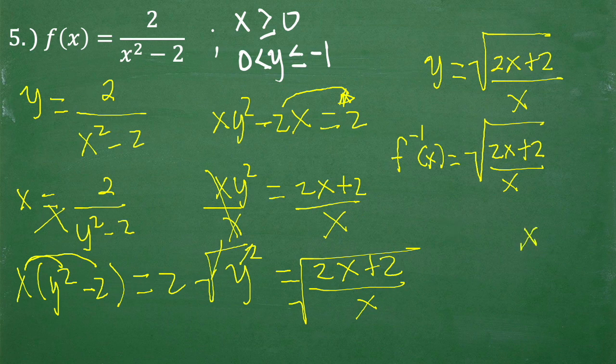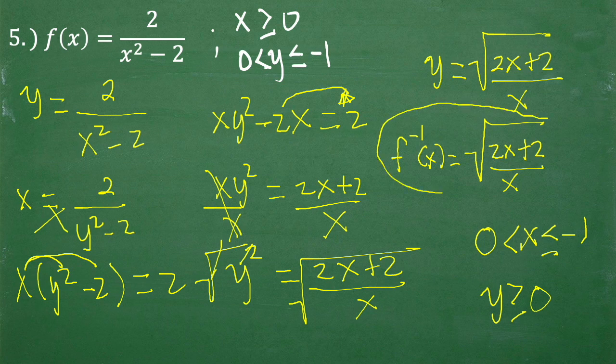So x must be greater than 0 but less than or equal to negative 1, and y must be greater than or equal to 0. And this is our inverse for the function with the restriction given. Okay? Now let's proceed with the final example.